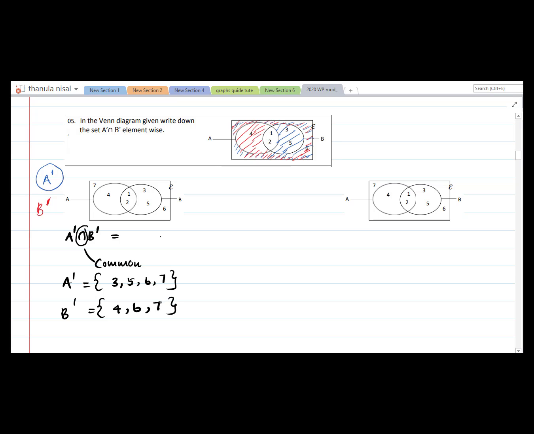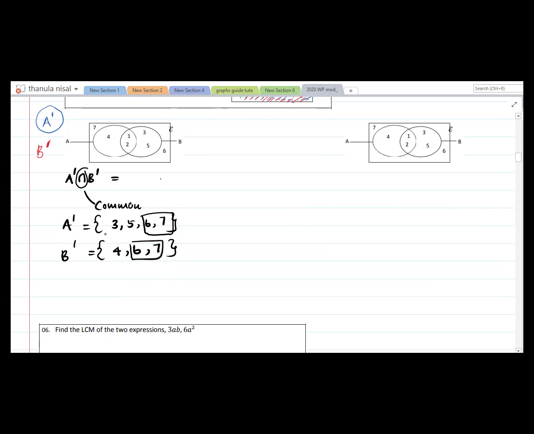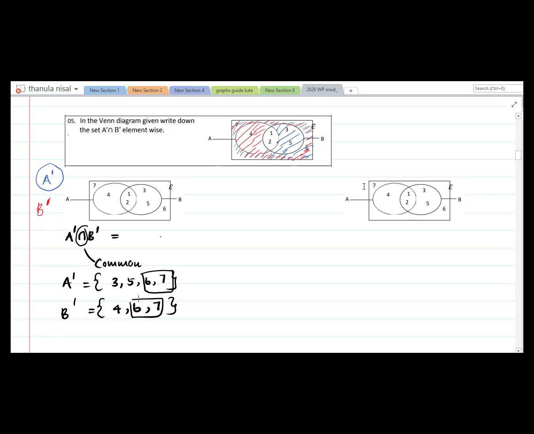Now what are the common terms for both these cases? 6 and 7. Okay. Therefore, A dash intersection B dash is 6 and 7.